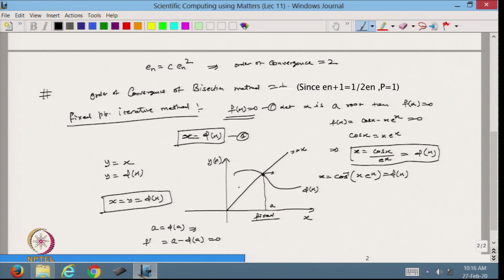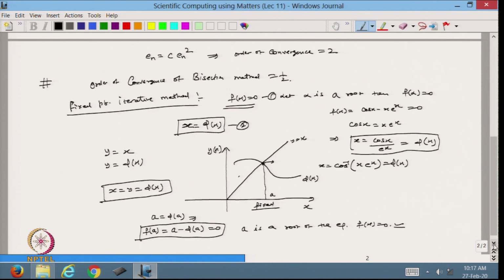This is the value of the function at a. So from here I can say that this a is a root of the equation f(x) equal to 0. So based on this iterative method, the fixed point method, we are able to find the root of the given equation.